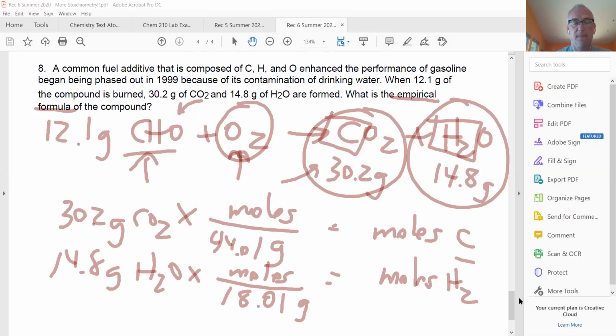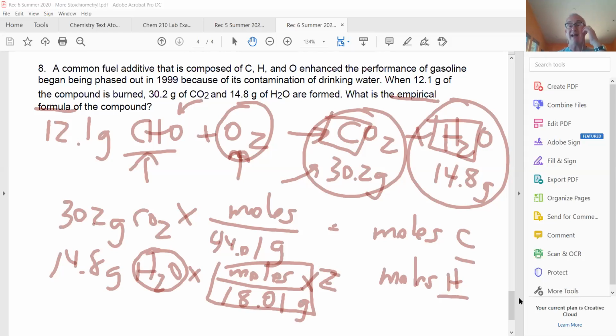Set up a mole-to-mole ratio. I just multiply this by 2, and that gives me moles of hydrogen atoms, because for each mole of water, I have 2 moles of hydrogen atoms. So this gives me moles of water. If I multiply that by 2, that'll give me moles of hydrogen. Does that make sense? Because I don't want moles of H2, I want actual moles of hydrogen, because I haven't got H2 in my reactant, I've got hydrogen.